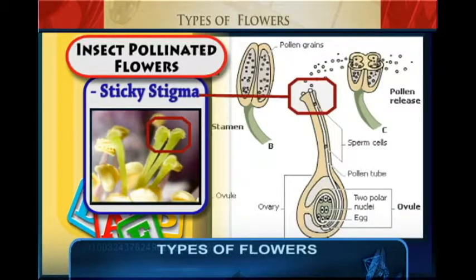They have a sticky stigma. This sticky surface helps in trapping the pollen grain that is on any part of the body of the pollinating agent that comes into contact with the stigma.